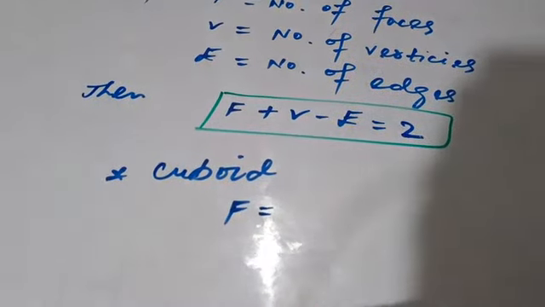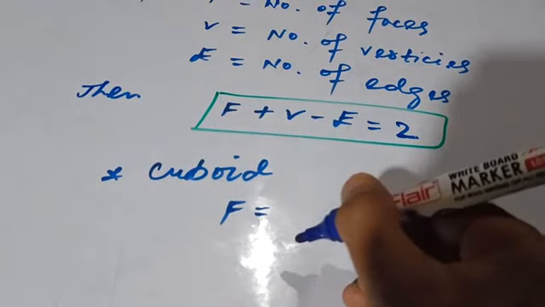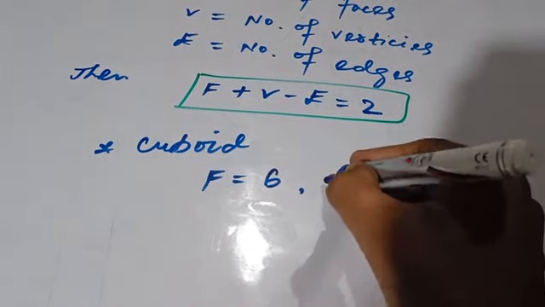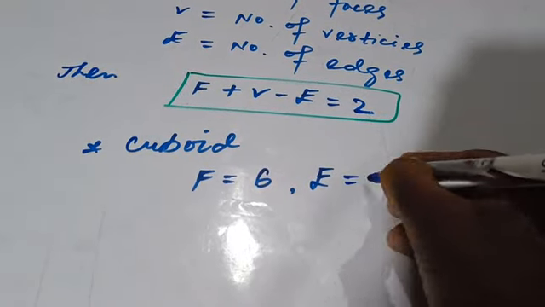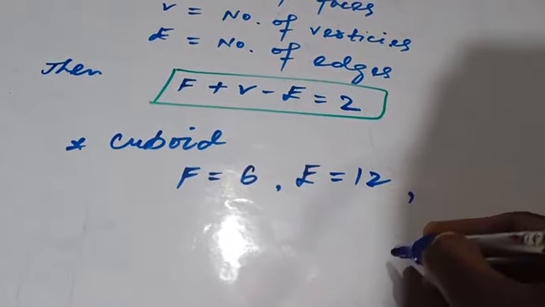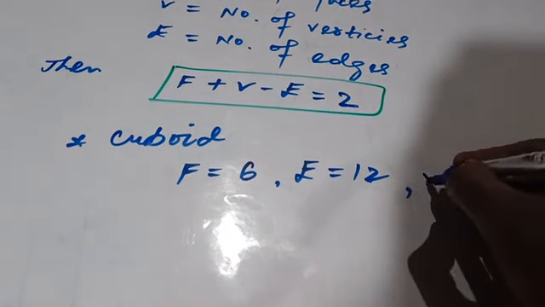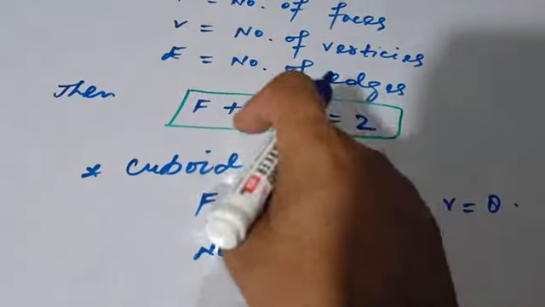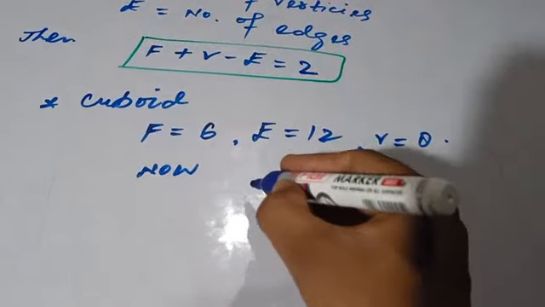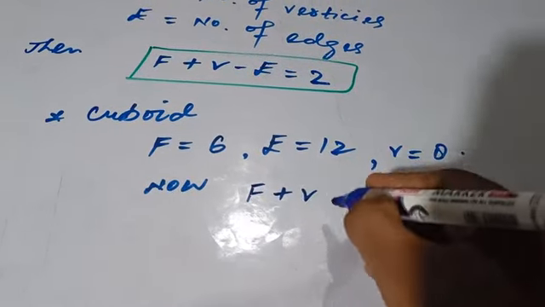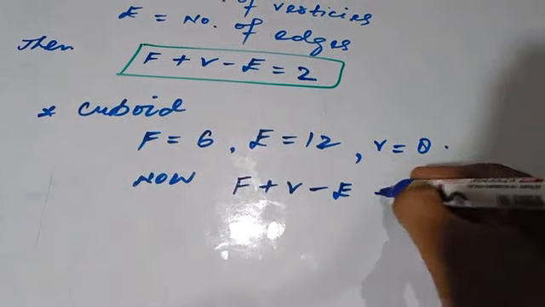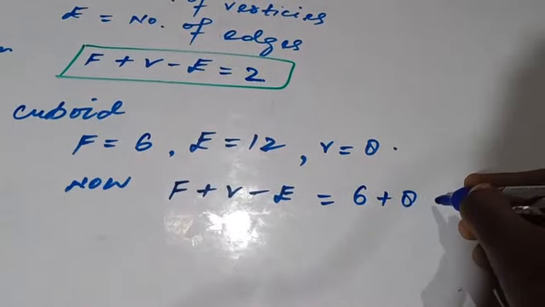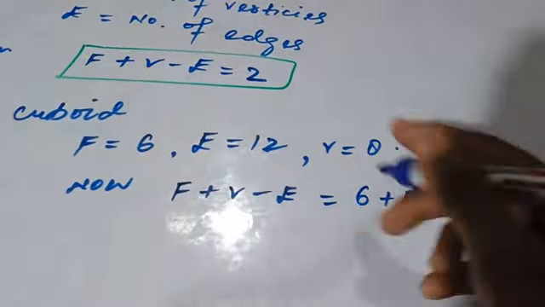Number of faces, if you think of it, it is having 6 faces exactly. And the number of edges is 12. And if you look at the number of vertices, V is equal to 8. Now let's simplify the left part of this equation, F plus V minus E. F is 6, V is 8, minus E is 12.